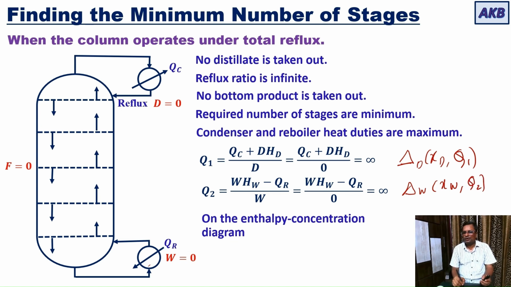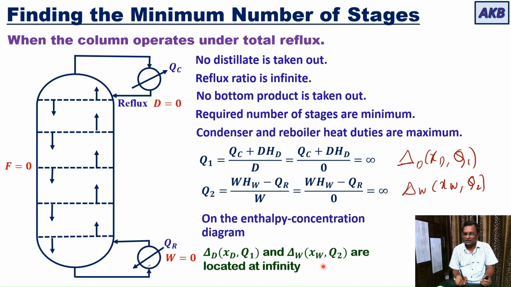So again, Q2 will be located at an infinite distance. That's why I'm saying that on the enthalpy concentration diagram, delta D with coordinates XD, Q1 and delta W with coordinates XW, Q2 are located at infinity. And this is the concept that we will be using to find the minimum number of stages, which happens when the column is operating under total reflux.